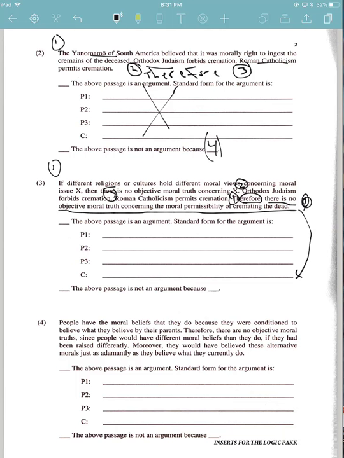Okay? And so now, let's just keep going through this. Let's go ahead and do number 4, just for fun. It says here, people have moral beliefs. Notice there's two. Since people would have different moral beliefs than they do.